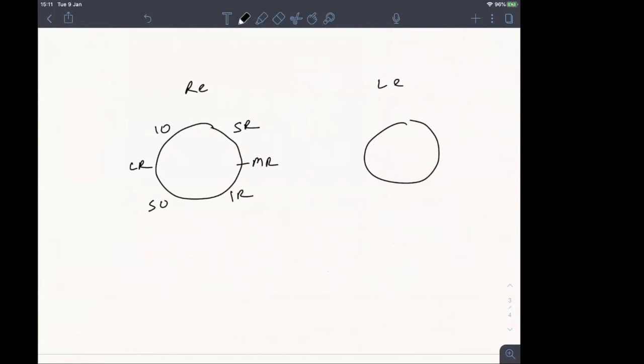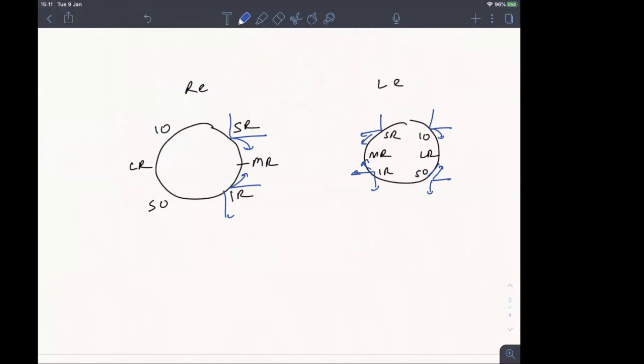Now, if you draw this on both sides, then it becomes easier for you to figure out the actions, because then you can draw this arrow and then you can just figure out where things go. And it is the same on both sides. Okay. So then you can figure out what action each one does.